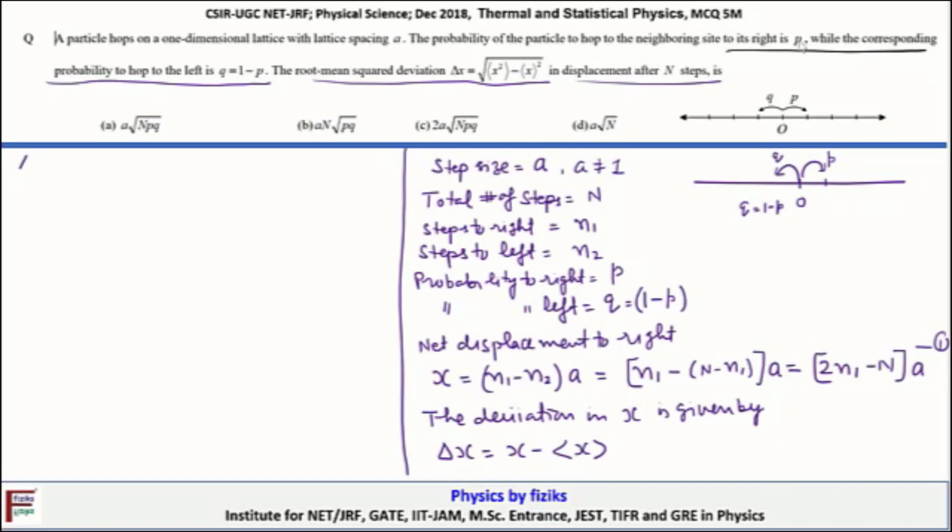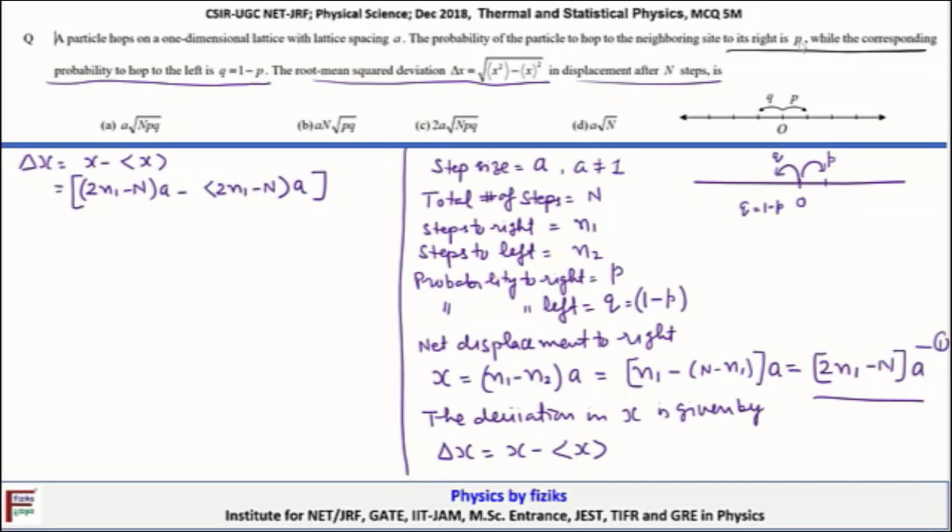So delta x is equal to x minus average x. So x is how much? That is the expression 2n1 minus n times a, and then its average of the same quantity, that is 2n1 minus n, its average, times a.